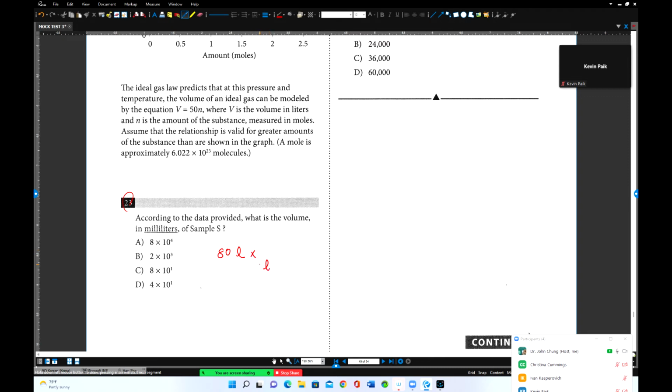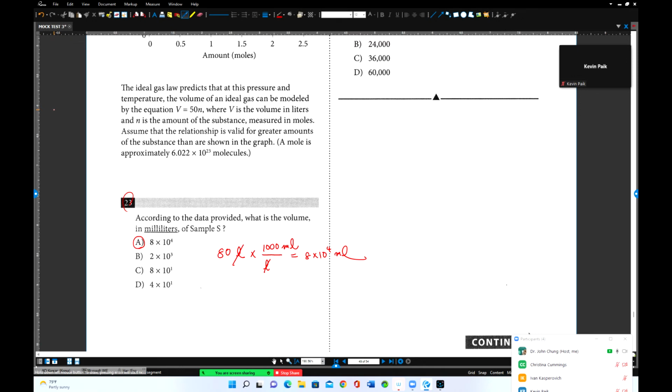So we know that 1 liter equals 1,000 milliliters, okay? So 80 liters is 80,000, okay? 8 times 10 to the 4 milliliters. Yeah, choice A. Just change the unit, okay?